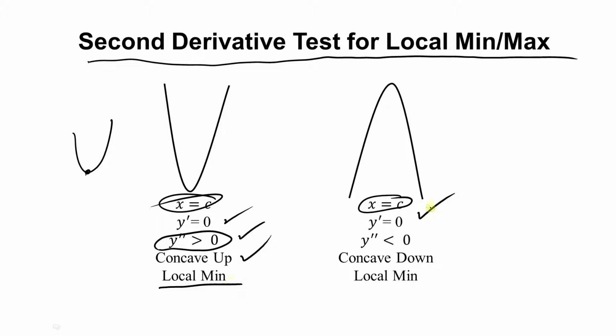If at x equals c, the first derivative is 0, but the second derivative is less than 0, it's going to be concave down, and you would draw a picture like this, and it would be a local max.